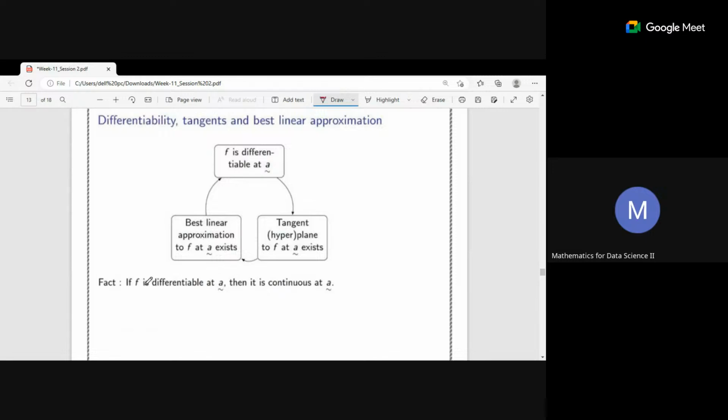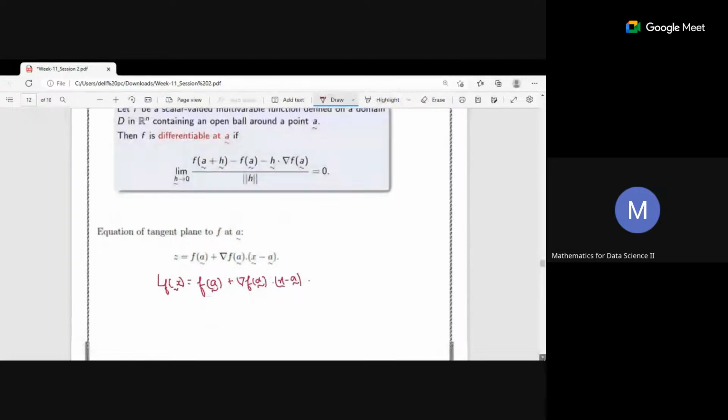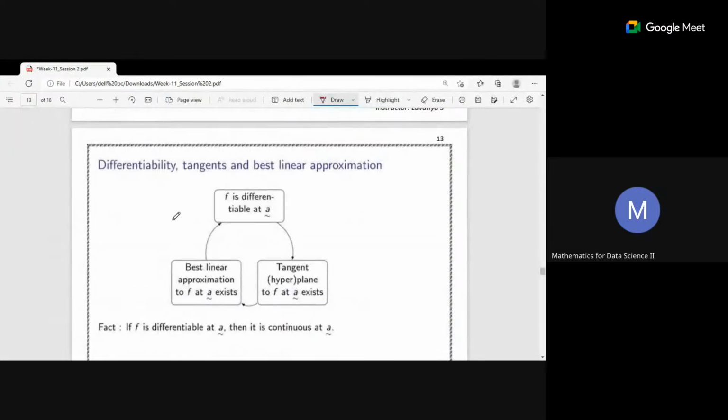Okay. And also the concept that if f is differentiable at a, then it is continuous at a. For this course, it is sufficient if you understand the definition, and you should know that these conditions are all equivalent: differentiability at a is equivalent to the existence of the tangent plane of f at a and the best linear approximation of f at a.